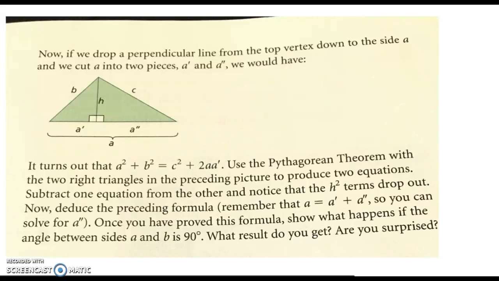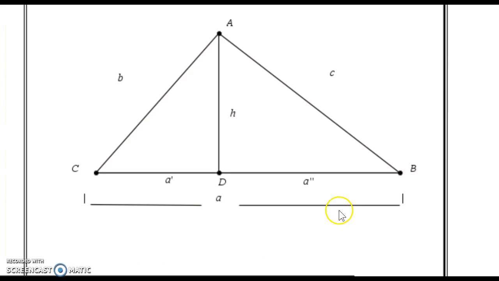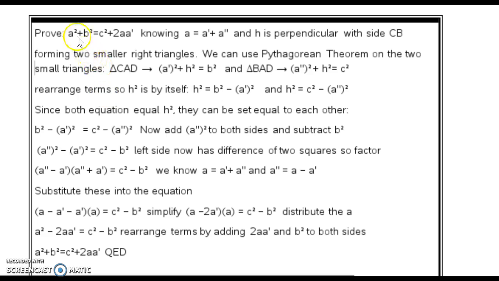So I went ahead and made a picture of this triangle with the perpendicular line H, and I labeled it from point A to point D, and I just added all the vertices of A, B, C, and D being the intersection of the perpendicular line from the vertex A. So then I went ahead and set out to prove and derive this formula.